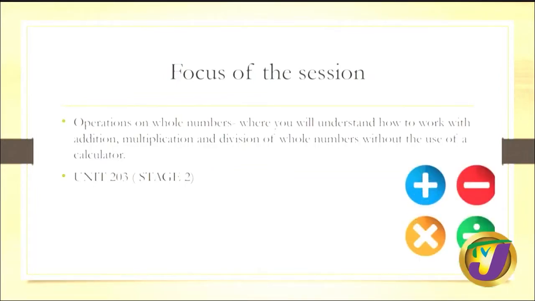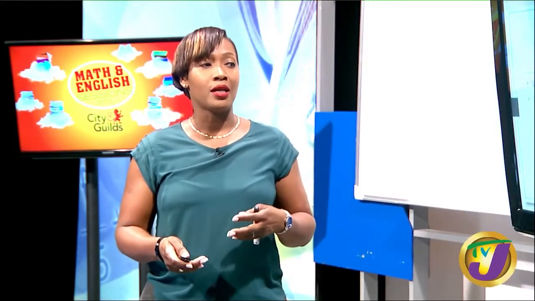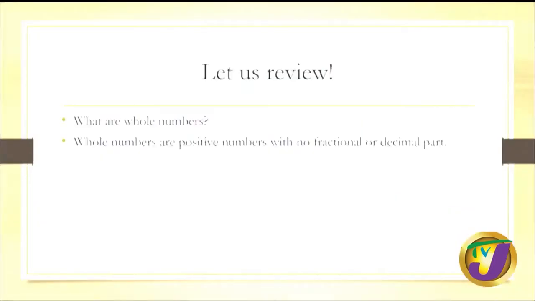And of course, operations. What are operations? So first, before we go into what operations are, what are whole numbers? Whole numbers are positive numbers with no fractional or decimal part. This is what the set of whole numbers looks like, starting with 0, and it is an infinite set, so it has an infinite number of elements.